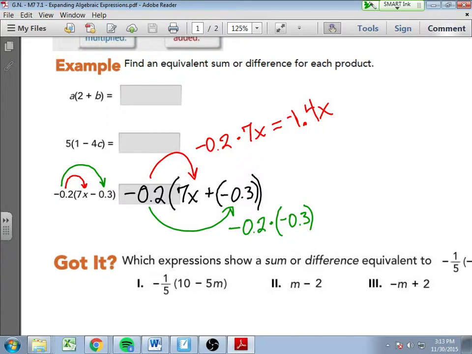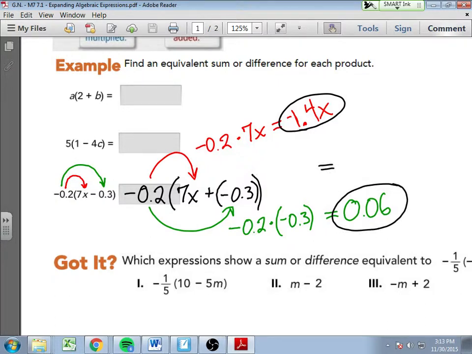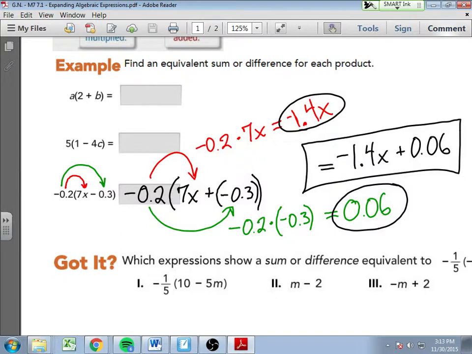What's 2/10 times 3/10? 6 what? 6 hundredths. And since this is a negative times a negative, positive 0.06. So now I have these two terms. I have a negative 1.4x, and I have 6 hundredths. All I do is combine them: negative 1.4x plus 6 hundredths, and I'm done. I cannot add them together because they're not like terms. Questions? I'll show the other way.